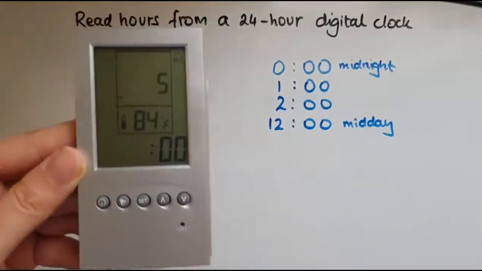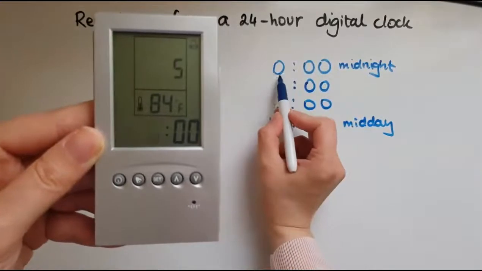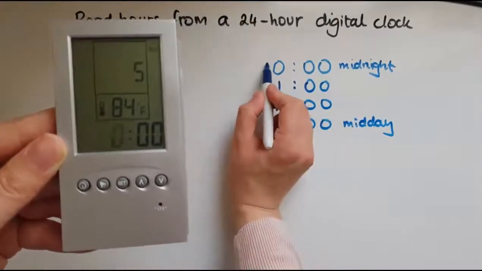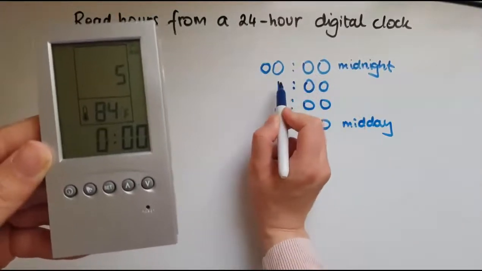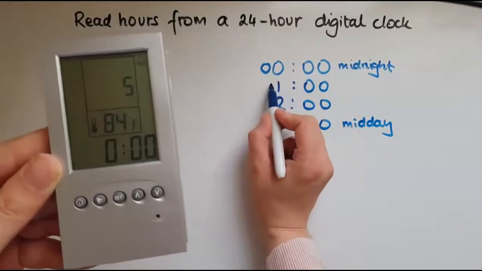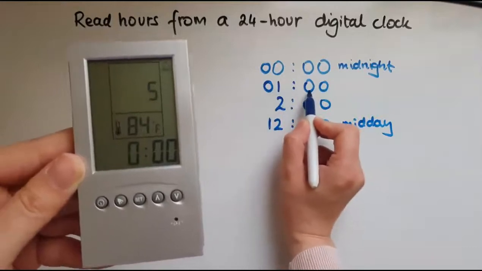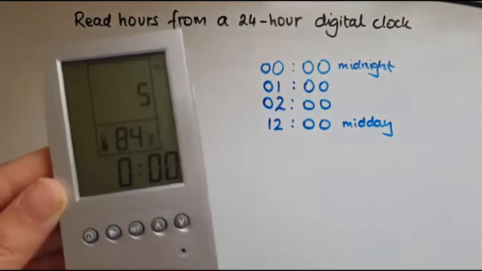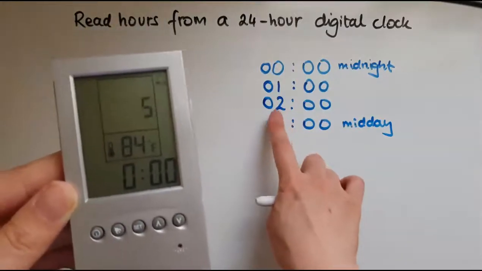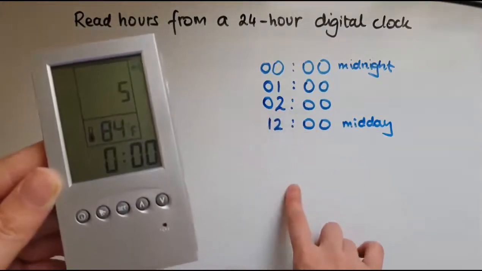You sometimes might see these times with an added 0. So 0, 0, 0, 0. It still means the same thing, the same time. 0, 1, 0, 0, 0, 2, 0, 0, sometimes read as 0, 200.